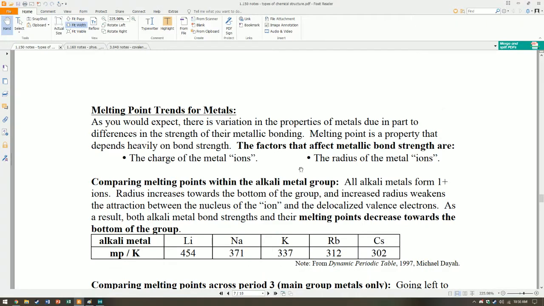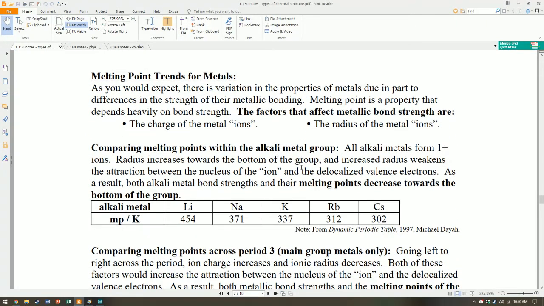The melting point trend for metals is that as you go up a group, such as the alkali metals, they tend to get higher and higher melting points, because the metallic bonding between the cations and the electrons is stronger since the cation radius is much smaller.